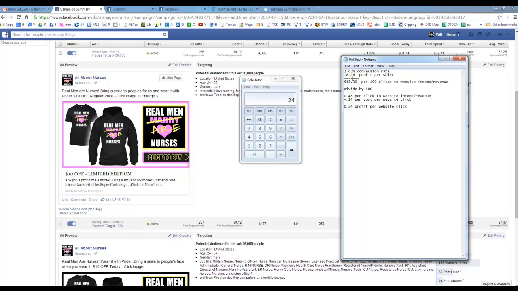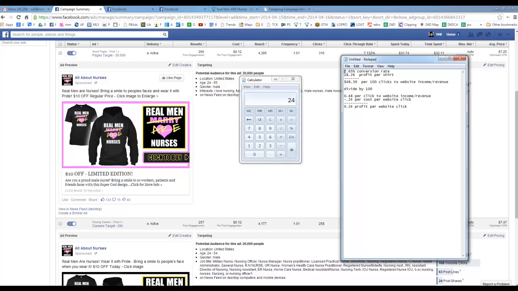And I tell you what this does not account for. Our actual dollar per 100 is actually a little bit higher, because this is counting how many people click to the website to sales made. It's not counting per shirt. So if people are buying multiple shirts, that's not accounted for in here.